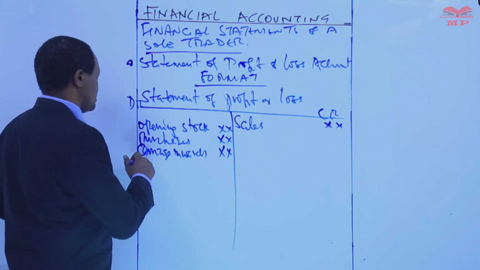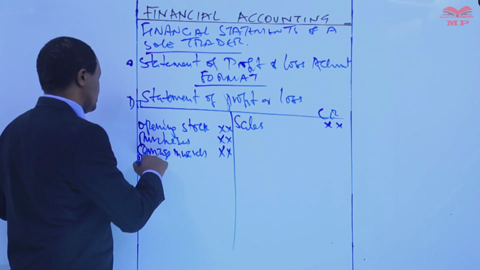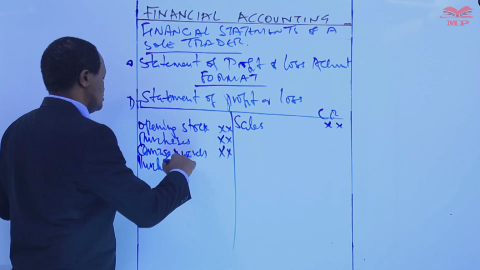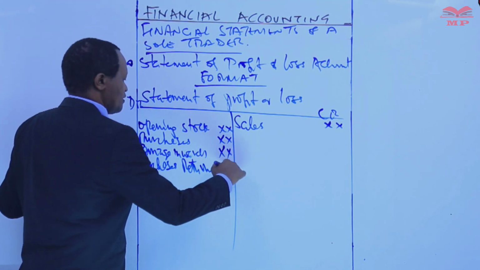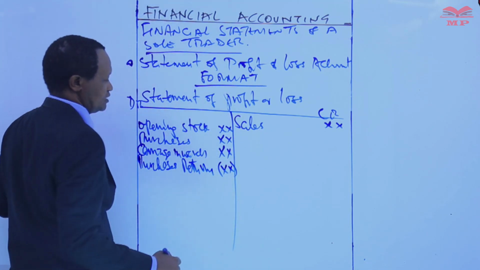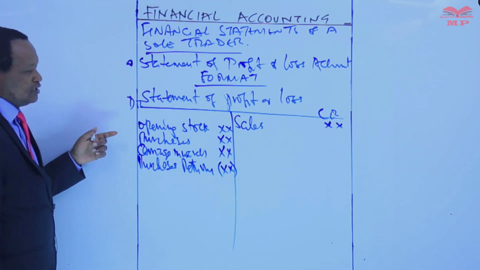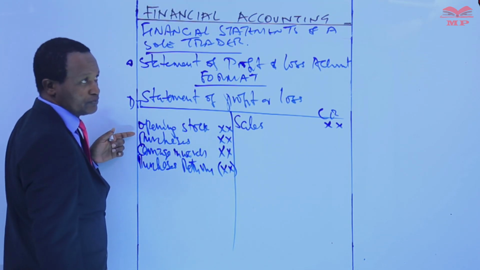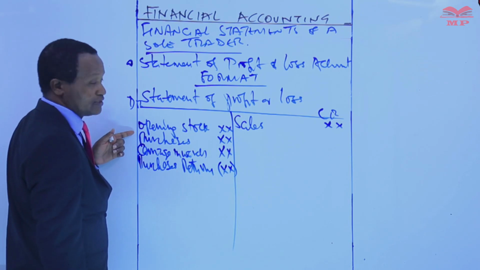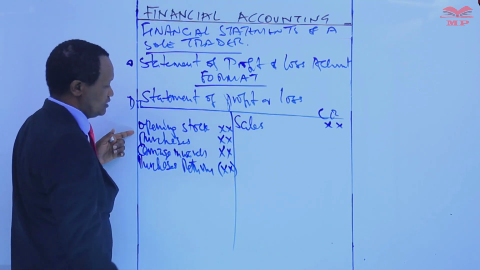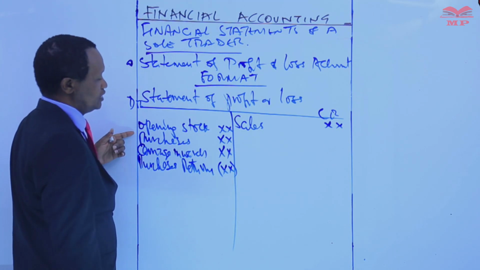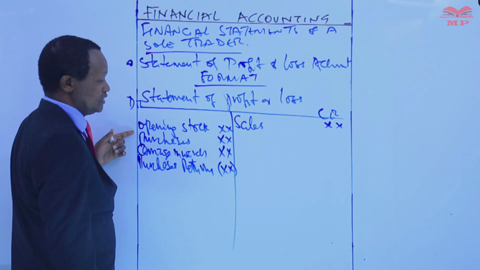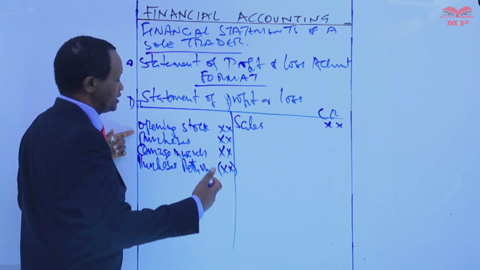Then we deduct the purchases returns. Now, after purchasing from suppliers, it is possible to make returns sometimes. Maybe the supplier has delivered goods that were not ordered, or has delivered goods in excess, or goods are damaged upon delivery, so the returns are made.